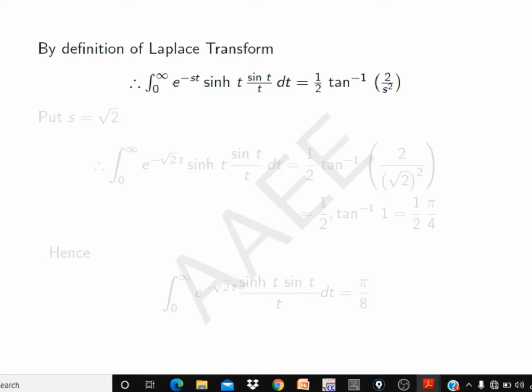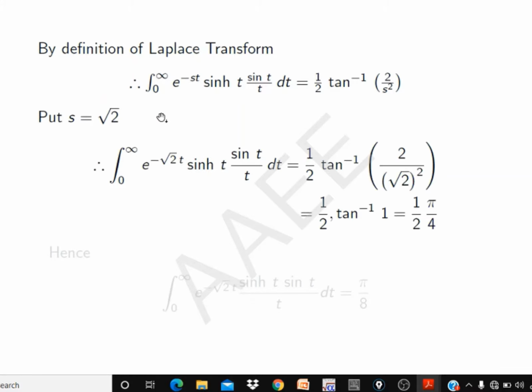But we want to find the value of this integral for e raised to minus under root of 2 t. So let us put s equal to under root of 2. So this will be integration from 0 to infinity e raised to minus root 2 t, this term as it is, equal to 1 by 2 tan inverse of 2 upon under root of 2 whole square, that is only 2, and 2 by 2 is 1.